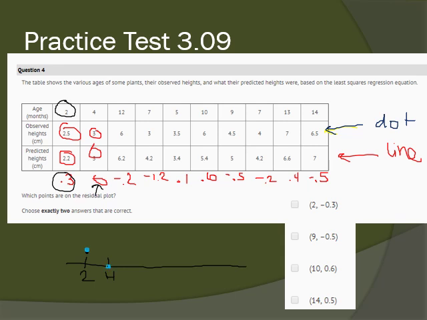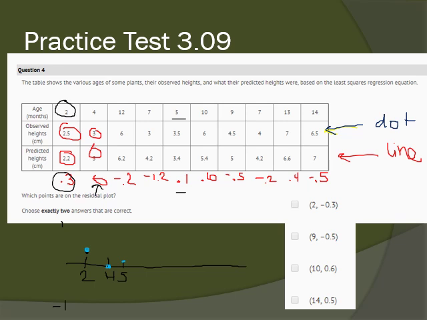Let's see, and if I called that 0.3, then 1's probably right about there, and then there's -1. Okay, it's a very, very tight little graph. Let's see, we've got 5. Notice they're not in numerical order here, just to be tricky. So 5 would be right about here, and its residual is 0.1, so that would be somewhere around there, and so on. So you would plot all of these.